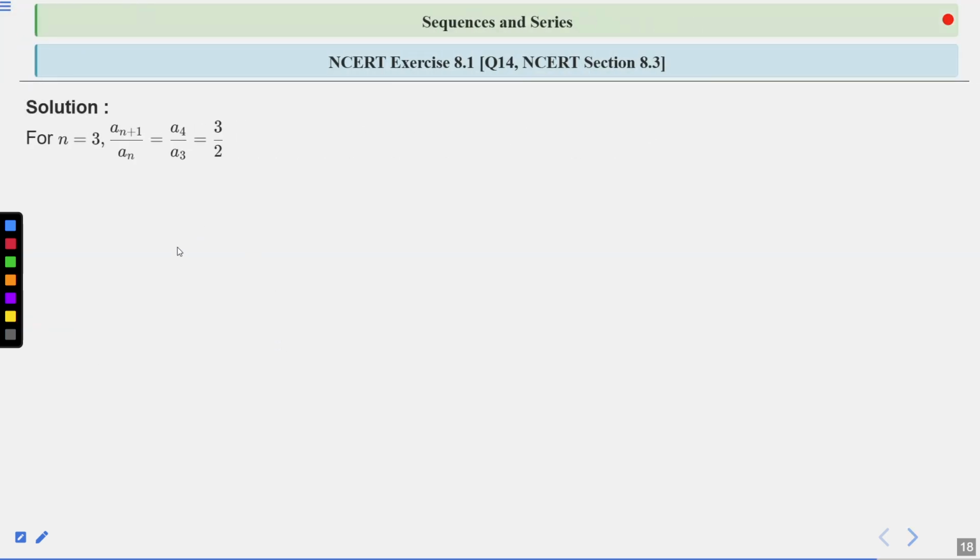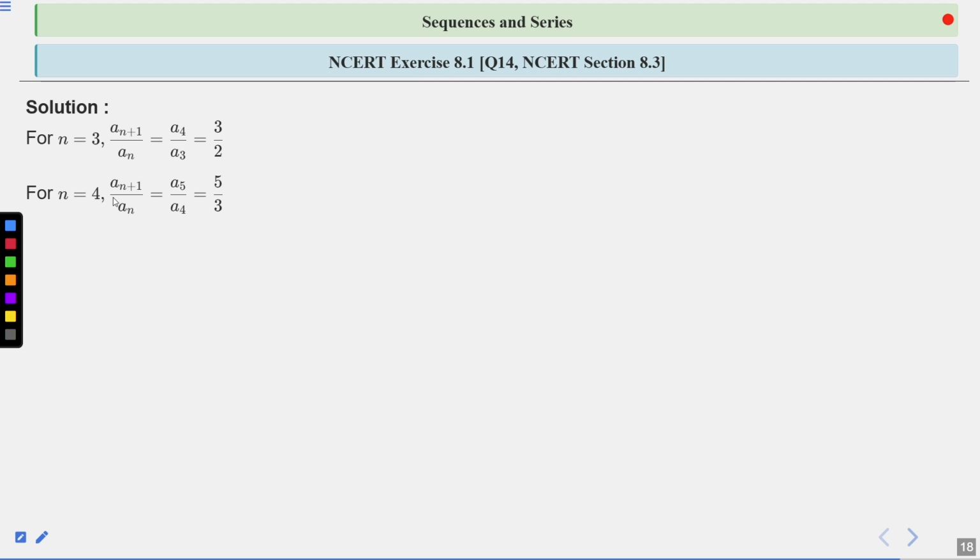Now for n equals 3, An plus 1 by An becomes A4 by A3. A4 is 3, A3 is 2. So An plus 1 by An becomes 3 by 2 for n equals 3. For n equals 4, An plus 1 by An becomes A5 by A4, which is simply 5 by 3.